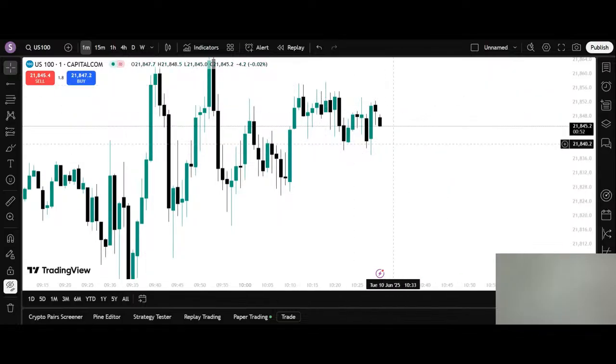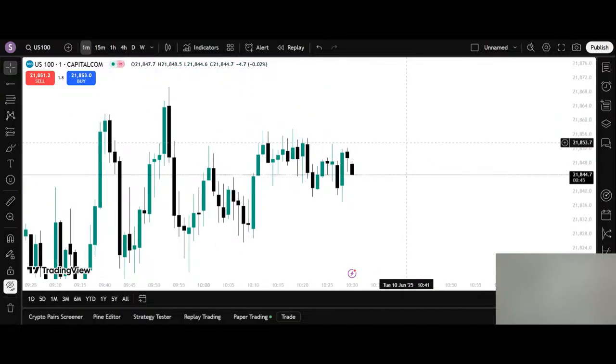Price seems to be in just this little area of about 100 ticks, going in neither direction.